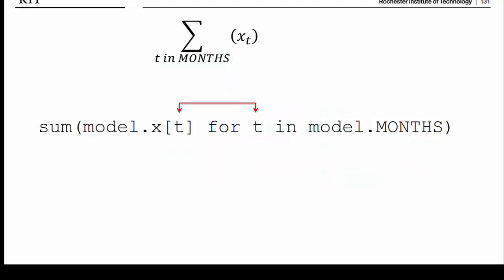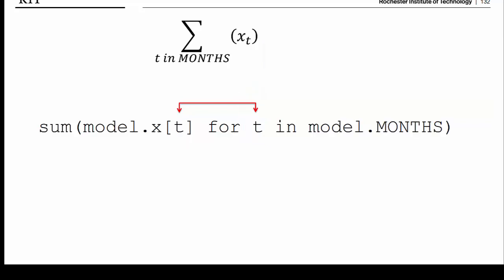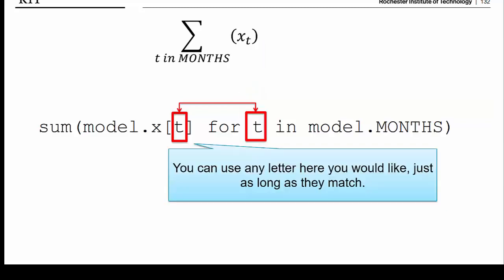Now see these values t? T is a placeholder, and the t that we use in the x sub t must match the t in the for t in model.months. Both of those letters must match. But we could have used any letter. So we didn't need to use t, we could have used any letter we wanted to. So we could have used G, that'd be awesome.